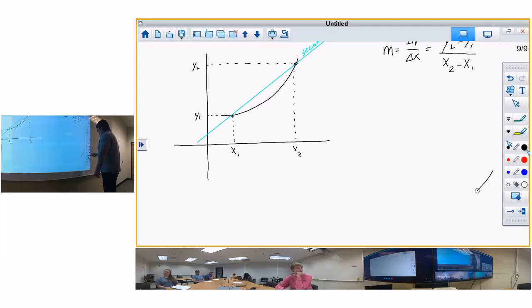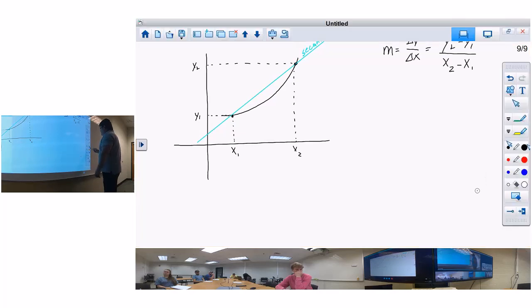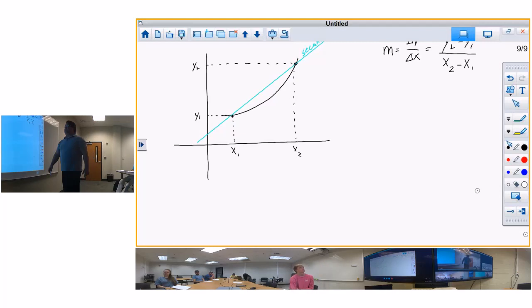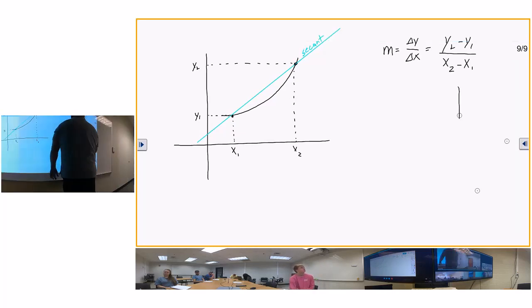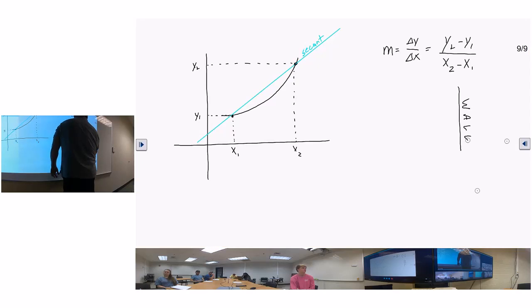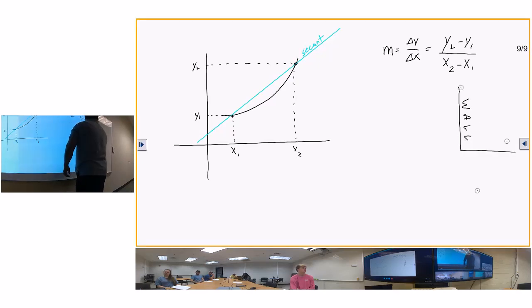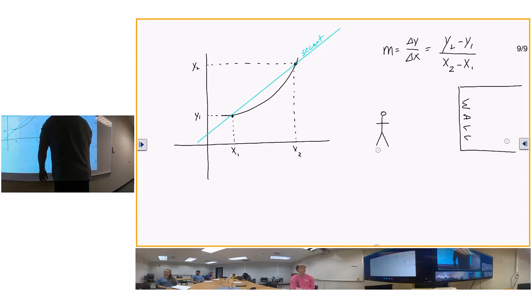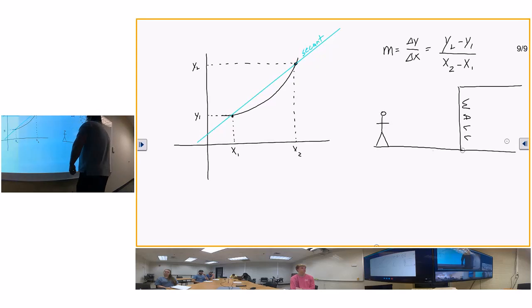Now, the limit theory basically says a bunch of gobbledygook, but I want to explain this in a way that you understand. Let's say this is a wall. And you are standing over here, and here's the floor that goes to the wall.